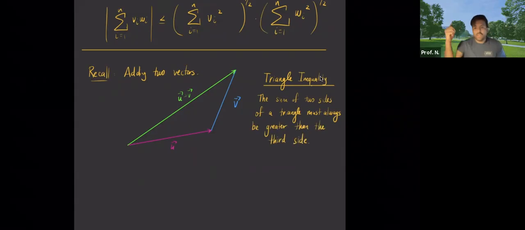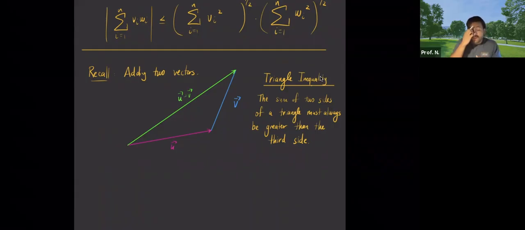So if I take two sides of any triangle and I add those sides up, it will always have to be bigger than the other one in order for it to even be called a triangle. Think about if that weren't the case. Think about if you had two sides of a triangle and it was not bigger than the other side, then you would never be able to connect and form a triangle.